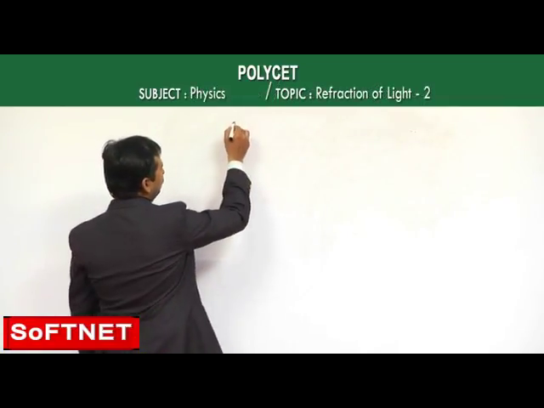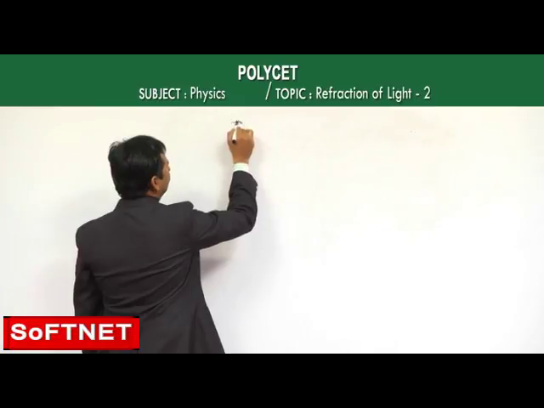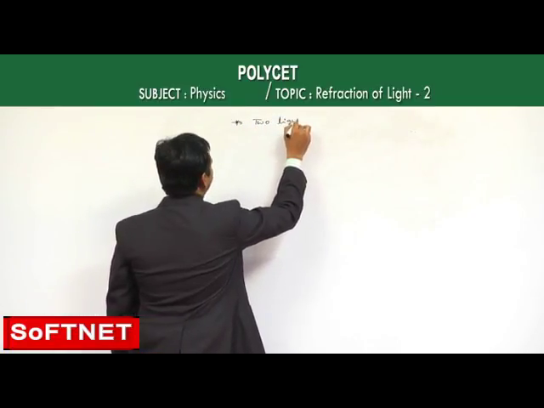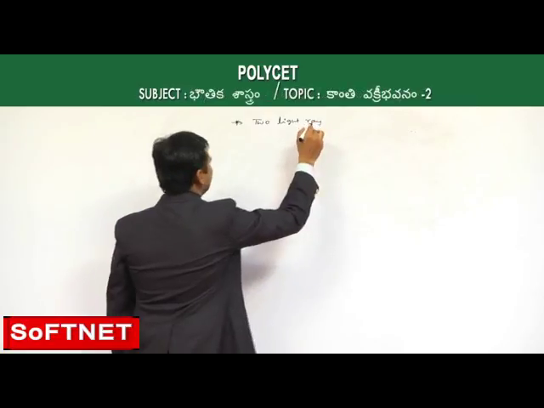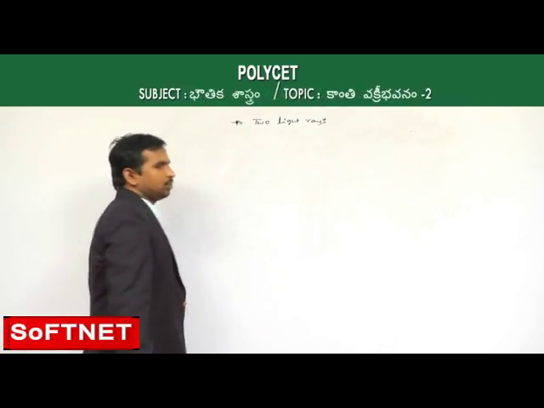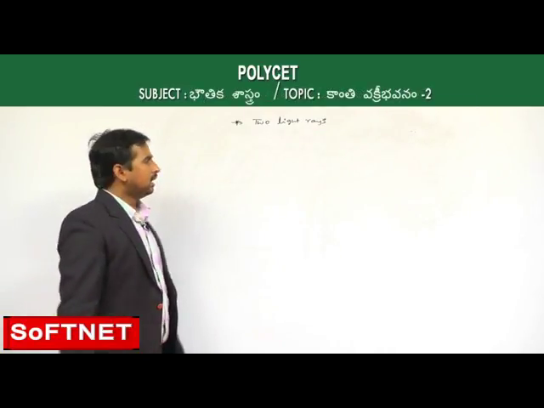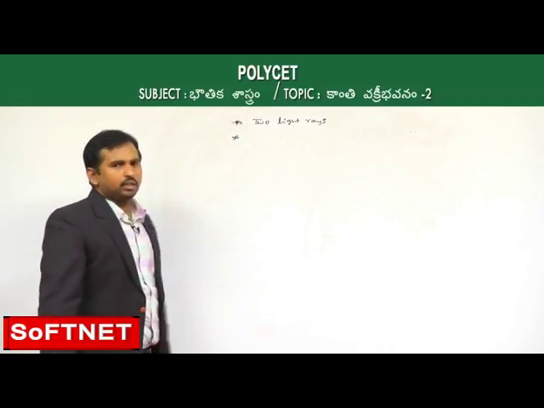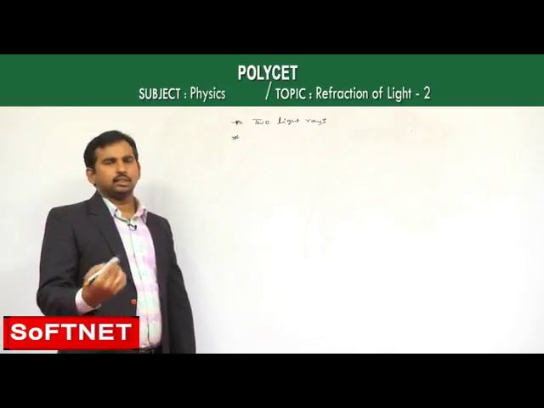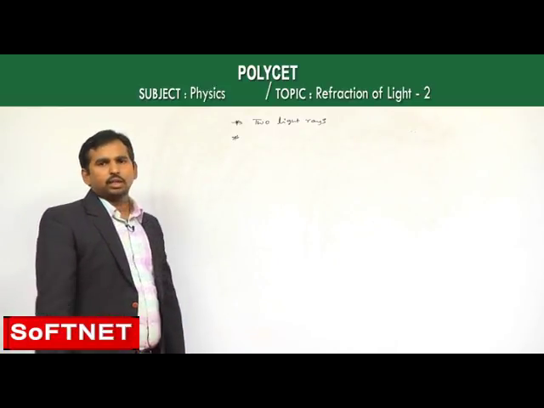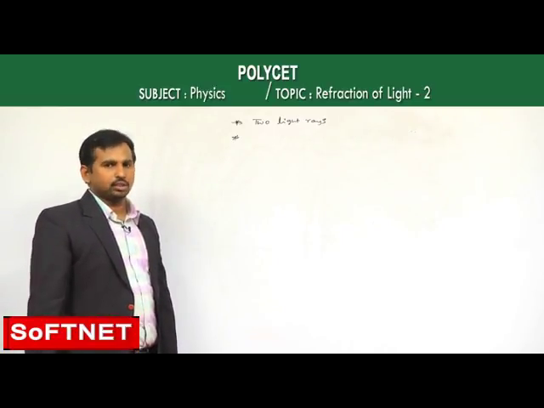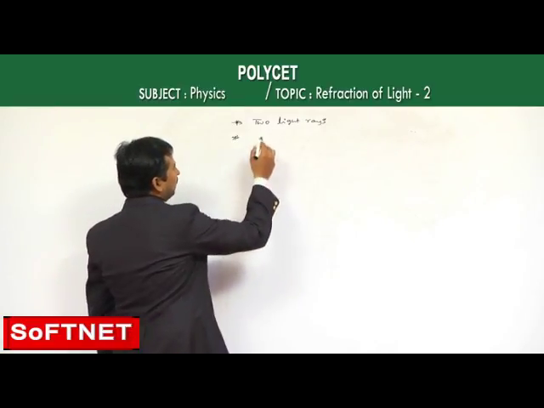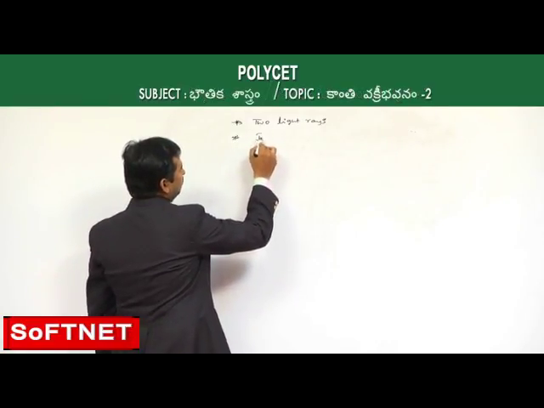Make sure that when you are using light rays, minimum 2 light rays we have to take, passing through the lens. And the second one: where the light rays meet after passing through the lens, after refraction, that point we call the image position.